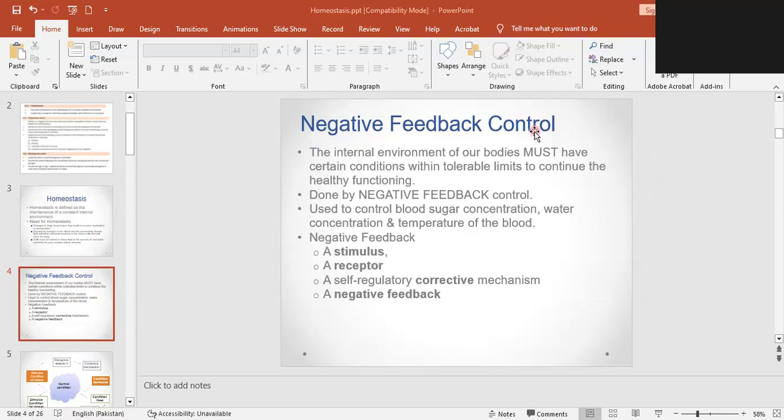Okay, now how can we achieve this homeostasis? There's a mechanism that is known as negative feedback. Now, what is negative feedback? For example, I have given you a question and asked you to solve it. It's a 3-mark question.